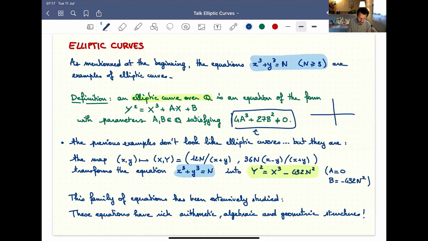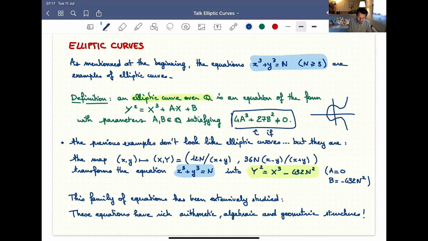It's important because if you draw the picture of what this elliptic curve looks like, it looks like this type of curve. This curve being smooth, having no rough points, is equivalent to having this condition of non-zero discriminant.